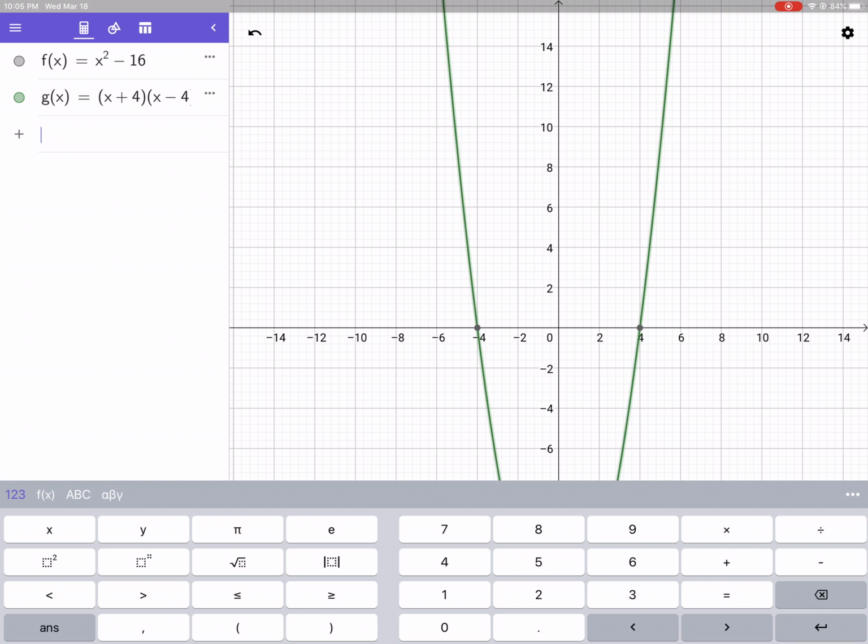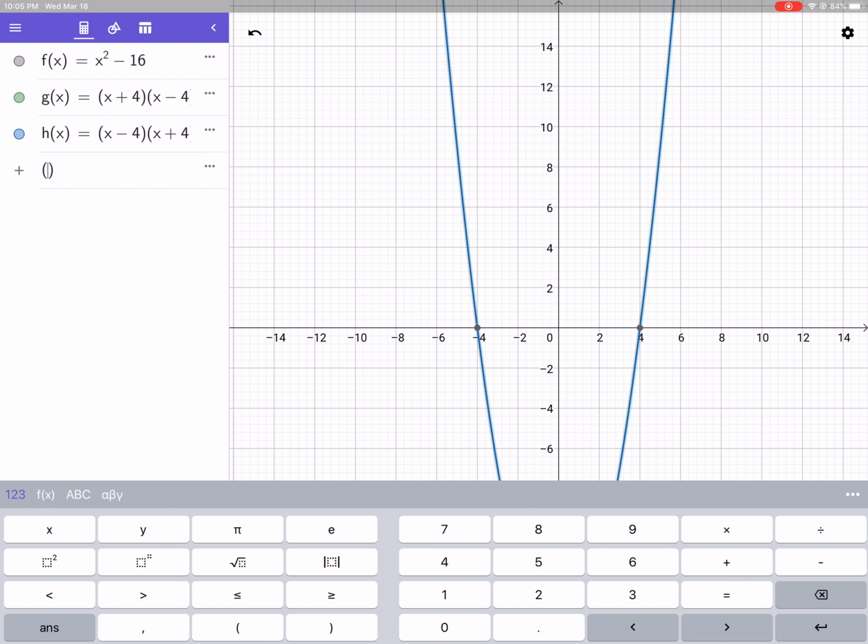So that's another way to check that x minus 4 times x plus 4 is equal to x squared minus 16. While we're on the calculator, let's also see that if I put the x minus 4 first and then the x plus 4 second, it would also be equivalent. That graph goes right on top.